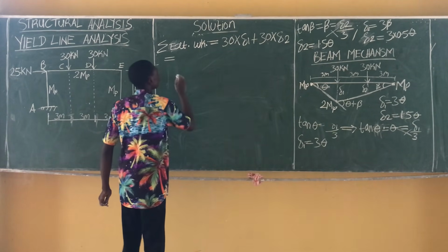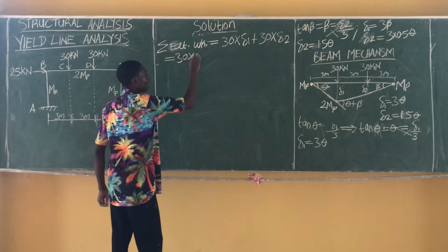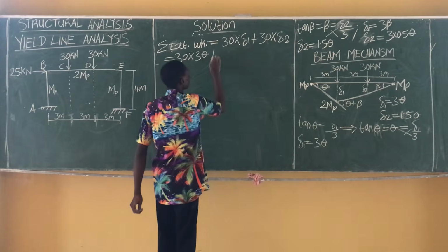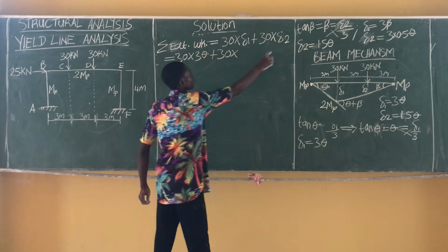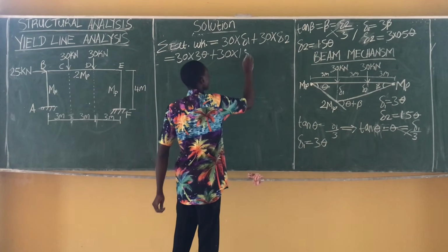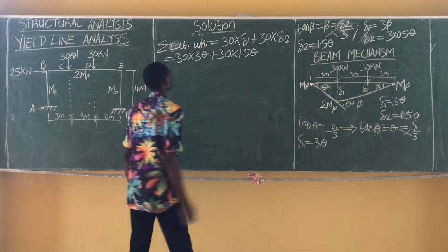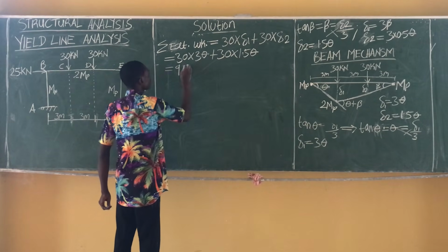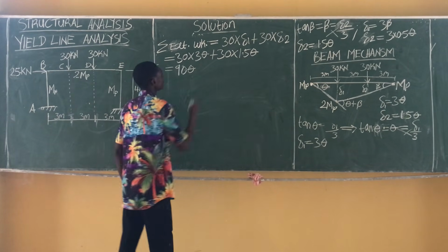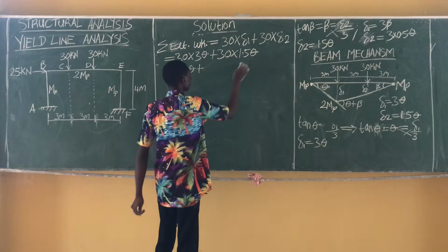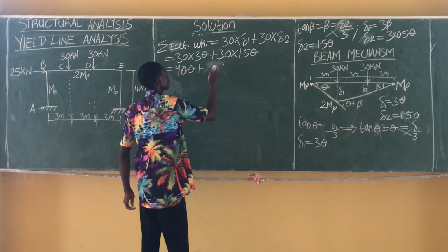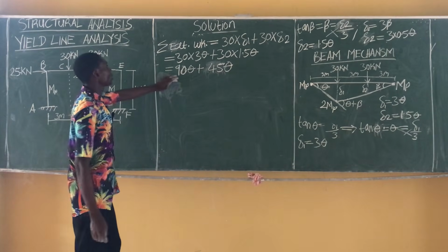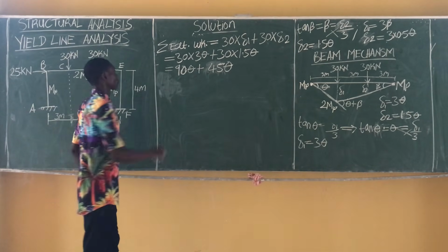And this is going to be equal to 30 times 3 theta, plus 30 times 1.5 theta. So 30 times 3 is 90 theta, plus 30 times 1.5 gives us 45 theta. Now, this is the summation of our external work done.